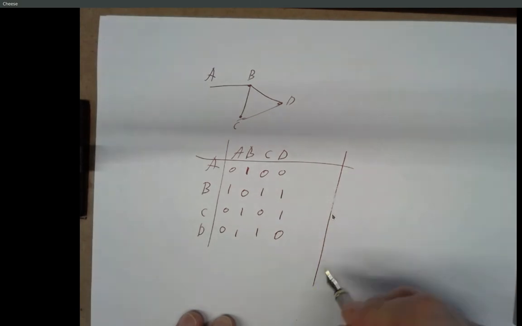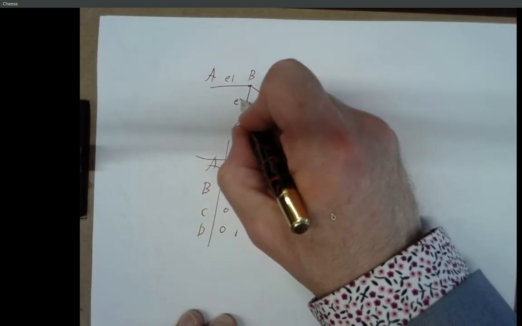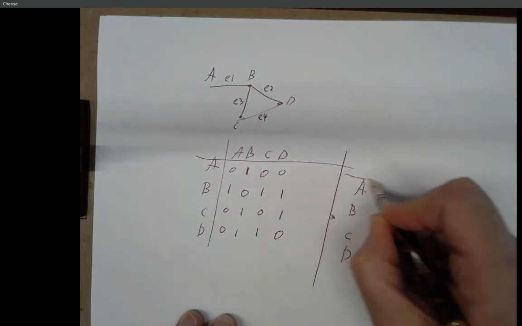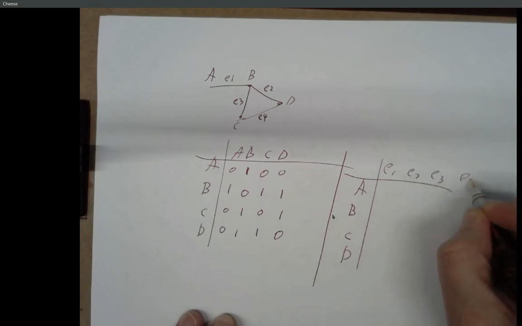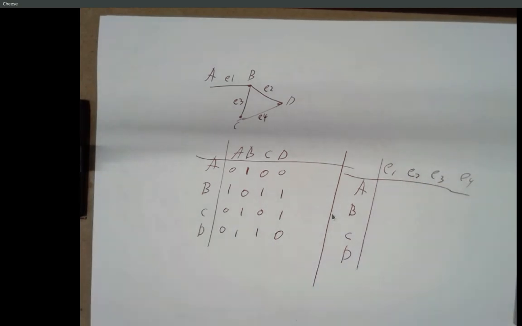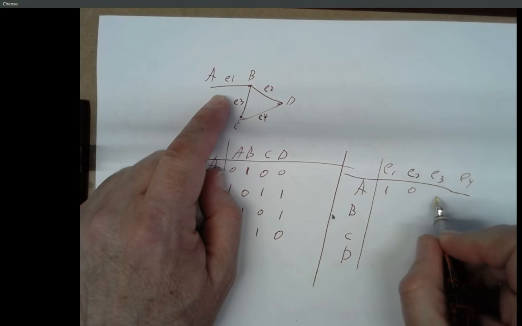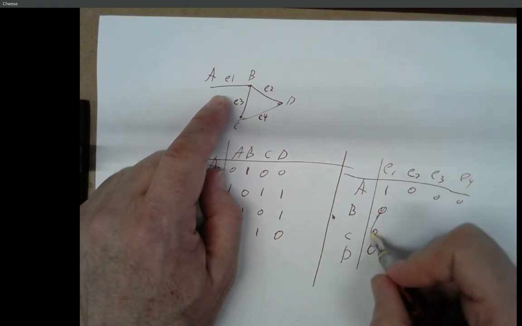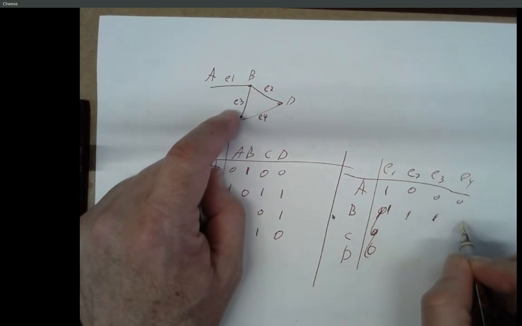The other thing you can do is an incidence matrix. With an incidence matrix, you list vertices on one side and edges on the other, and then you indicate which vertices are incident to which edges. So A is incident with E1 only. B is incident with E1, E2, and E3.